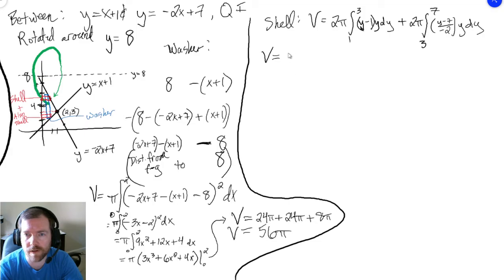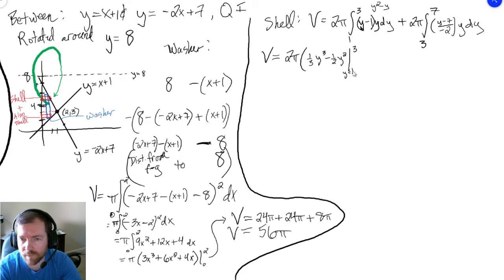Alright, volume is 2 pi times integral here, this is y squared minus y dy. So this is going to be 1/3 y cubed minus 1/2 y squared, evaluated from 1 to 3.